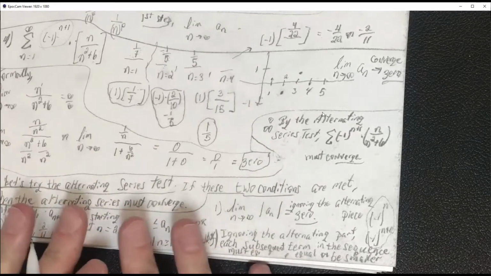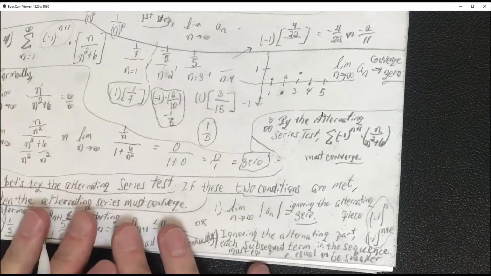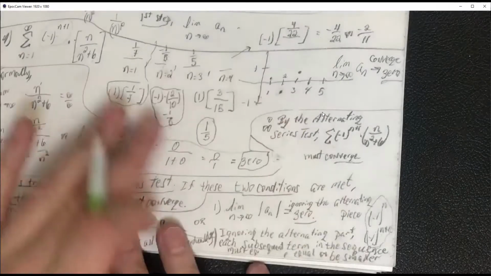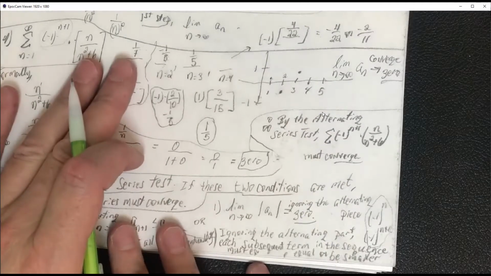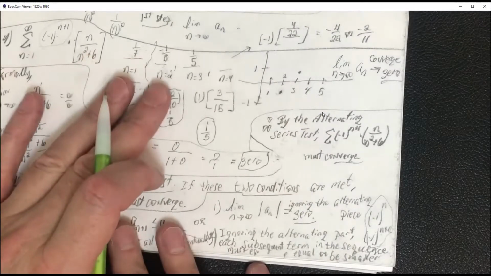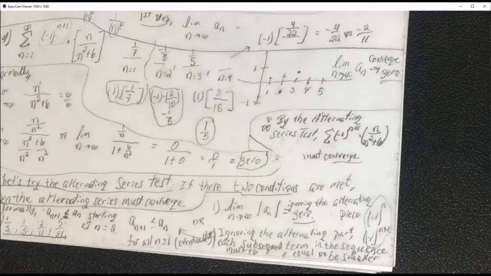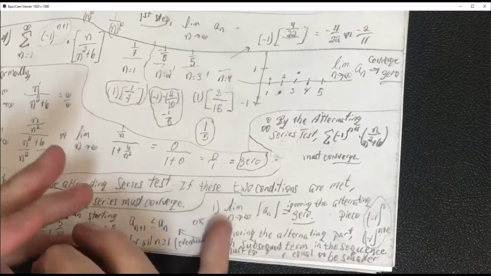As long as the second condition is true starting somewhere on this sequence, and if it starts with the first term, great. But if it starts on the second term, that's okay too, or even if it was the fourth term, or anywhere. As long as eventually the terms are less or equal to the one right before it, then the second condition passes.